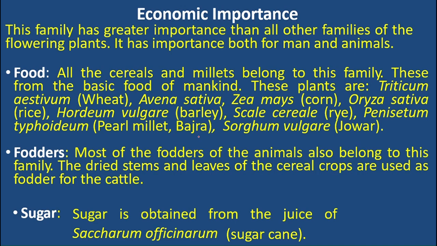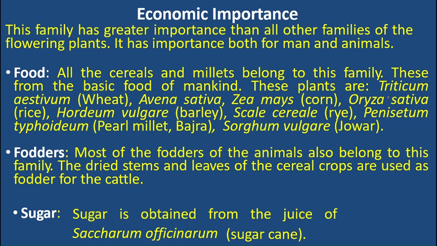Let us discuss some economically valuable products from the family Poaceae. This family has greater importance than all other family members in the flowering plants. It has importance for both man and animals, because we are getting food as well as fodder. All the cereals and millets belong to this family. This family is providing food material for mankind.